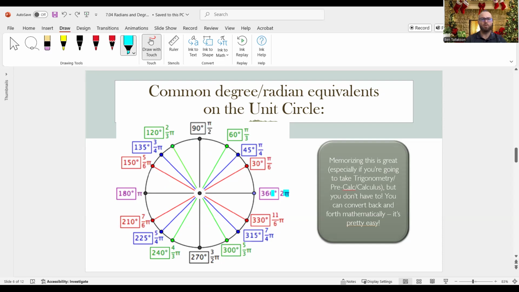If all the way around is 2 pi, halfway around is pi. So from here to there, half of pi is 1/2 pi, or just pi over 2. And then this would be between 1 pi and 2 pi, so 1.5. But you usually see it written as an improper fraction. So we have 3/2 pi there. And then, of course, everything else in between.